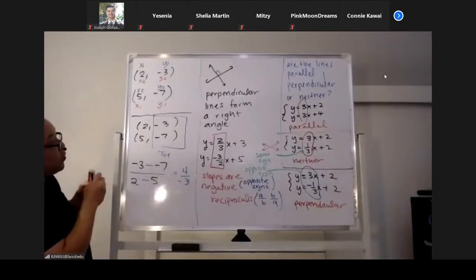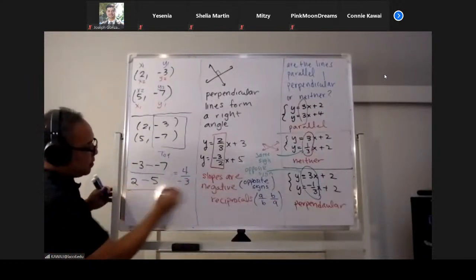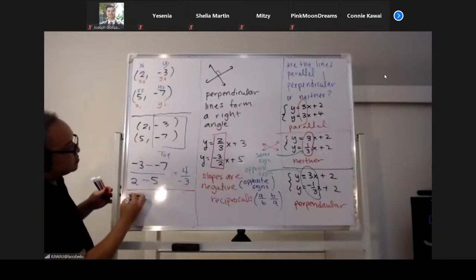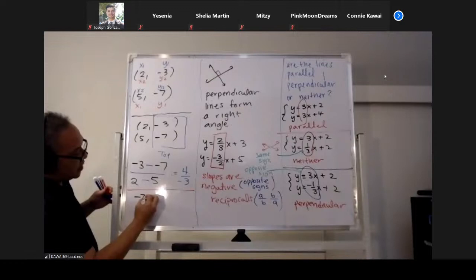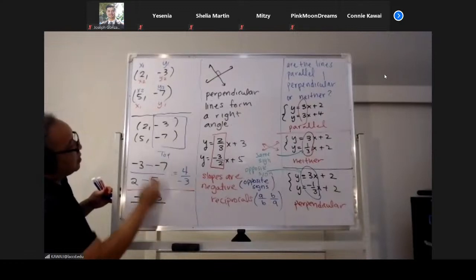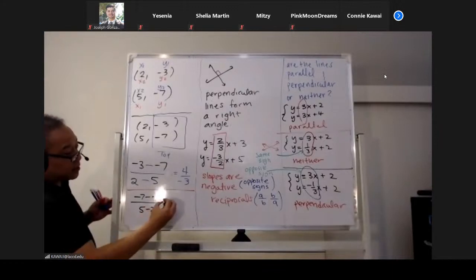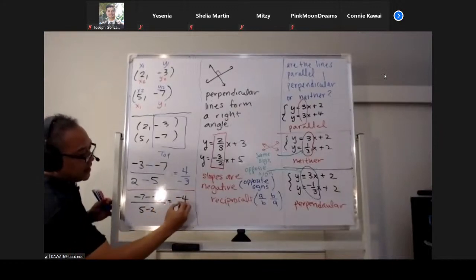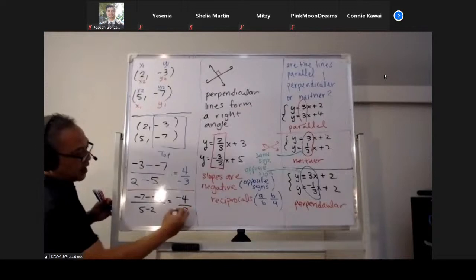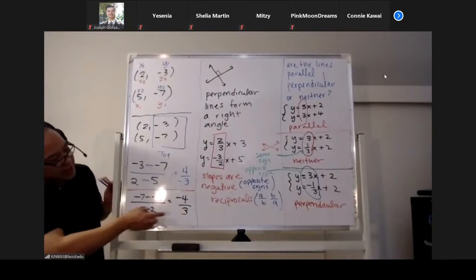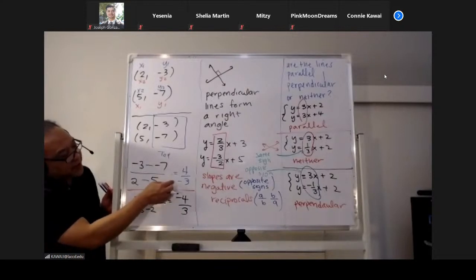Now, if you instead put these first, -7 minus 3, 5 minus 2, you'll still get the same answer. The only difference is the negative will be in the opposite location. Okay, now, this number and this number are the same thing.